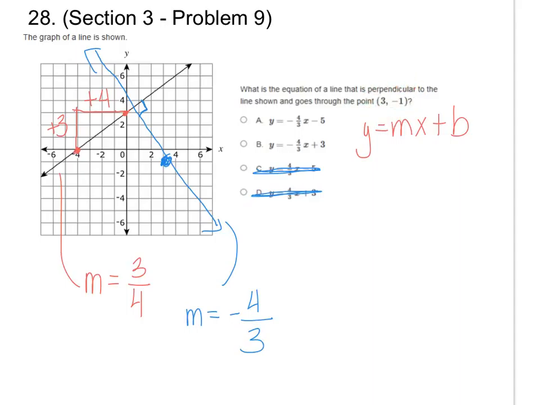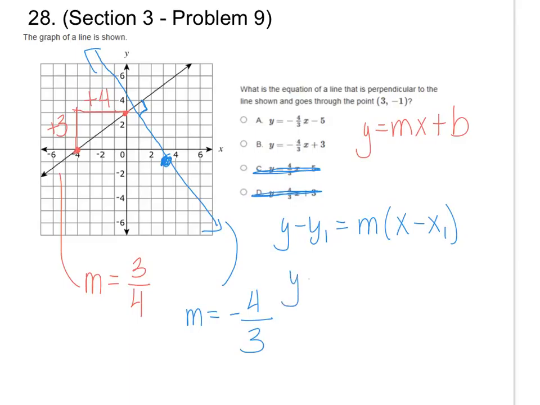So I'm going to put negative 4/3 in for my slope, and it has to go through the point (3, -1). If you remember, we learned something called point-slope form, which is y minus y1 equals slope times x minus x1. I'm going to put my slope of negative 4/3 here for m, my x-coordinate of 3 here, and my y-coordinate of negative 1 here.